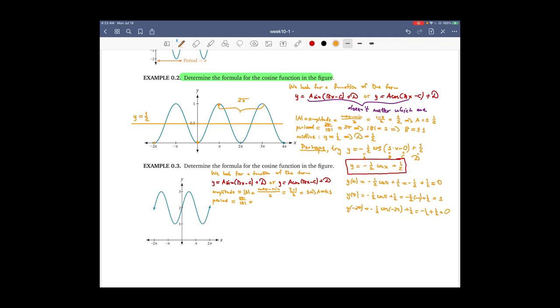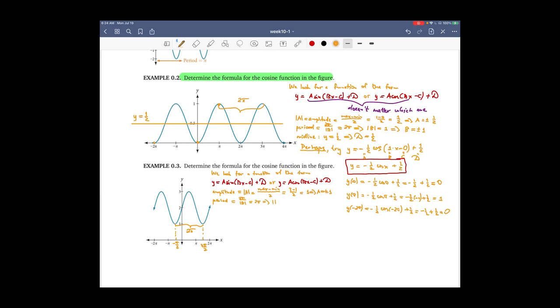On the other hand, we here see that the distance between two consecutive minima, for instance, seems to be 2 pi, because this here is negative pi over 2, this here is 3 pi over 2, the difference is 2 pi.